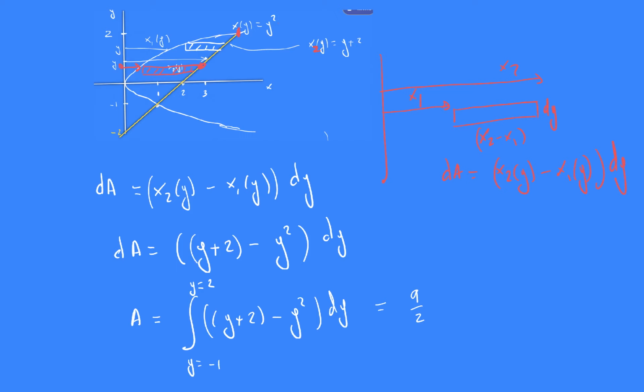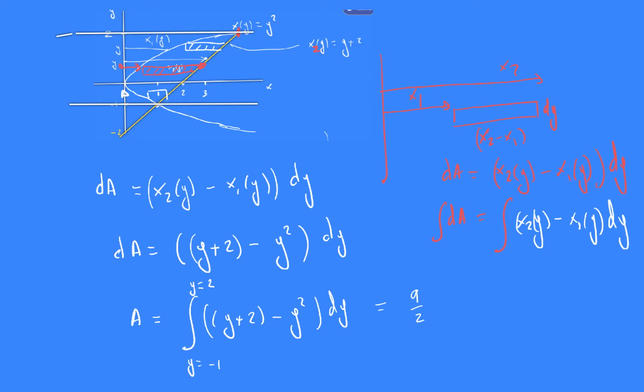And the total area is the integral, or the sum of all the pieces, the integral of x2 of y minus x1 of y times dy. And I have to make the sum from y equal minus 1 to y equal 2, so I will walk in this direction, dy.